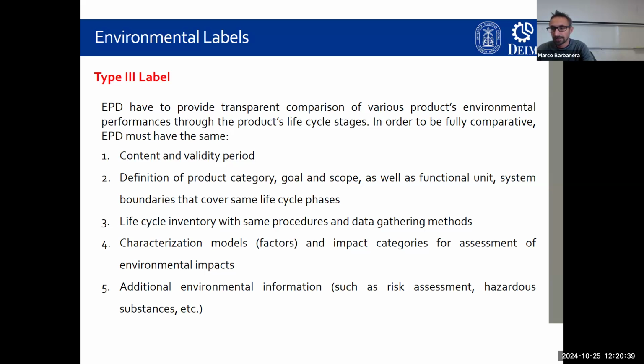For each kind of product category, the organization that manages the certification scheme publishes a document, and the name of this document is a product category rule, where the organization defines, in accordance with the technical standard ISO 14025, specific guidelines for carrying out the LCA study for these kinds of products.